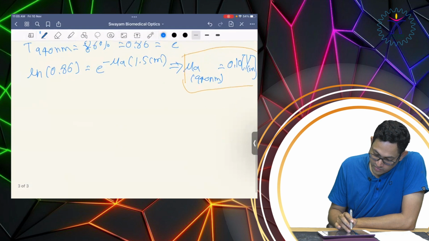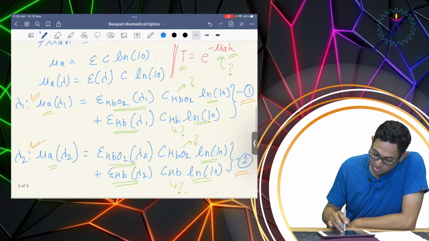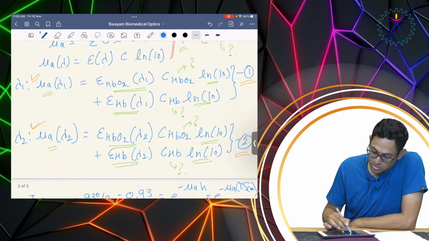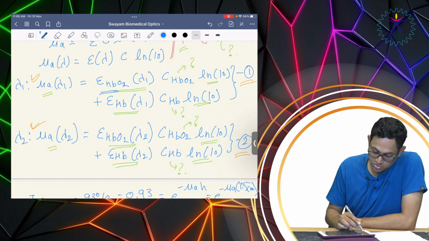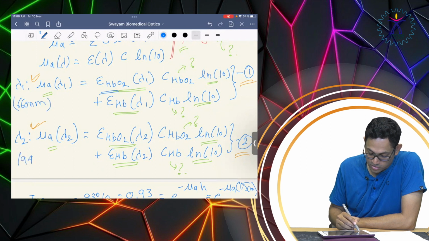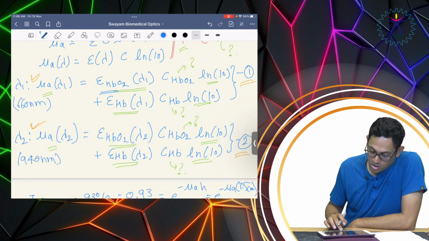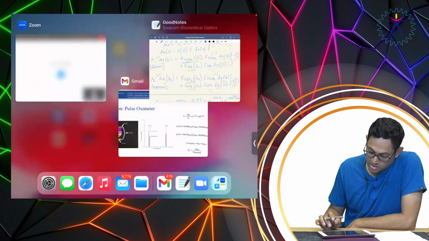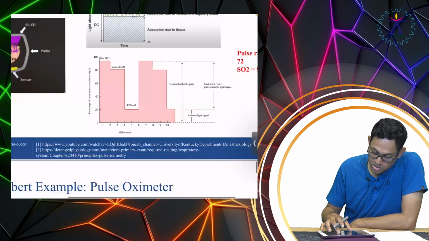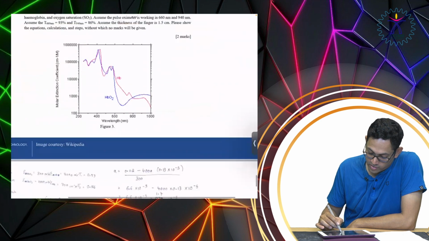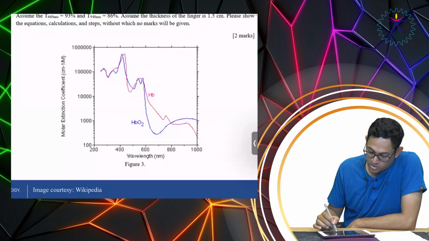One thing we need to know is epsilon of HbO2 at lambda 1 and epsilon of Hb at lambda 1, that is at 660 nanometers. Here lambda 1 is 660 nanometers and lambda 2 is 940 nanometers. You can see this from the graph mentioned over here, at 660 nanometers and at 940 nanometers.